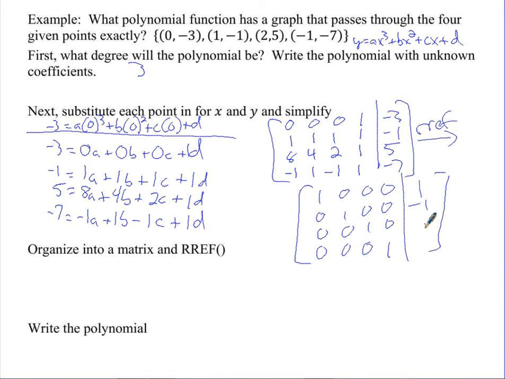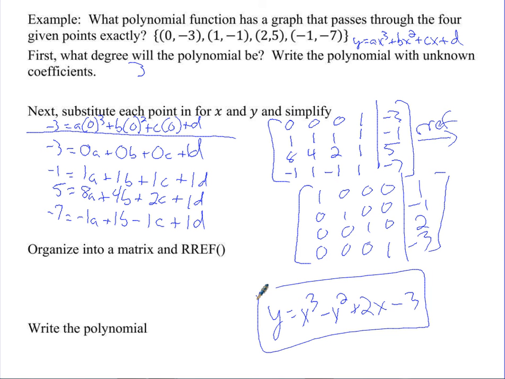One, negative 1, 2, and negative 3. So those are the coefficients A, B, C, and D for my polynomial right here. So now I can write my polynomial. Y equals 1 x to the third minus 1 x squared plus 2x minus 3. There's your polynomial.